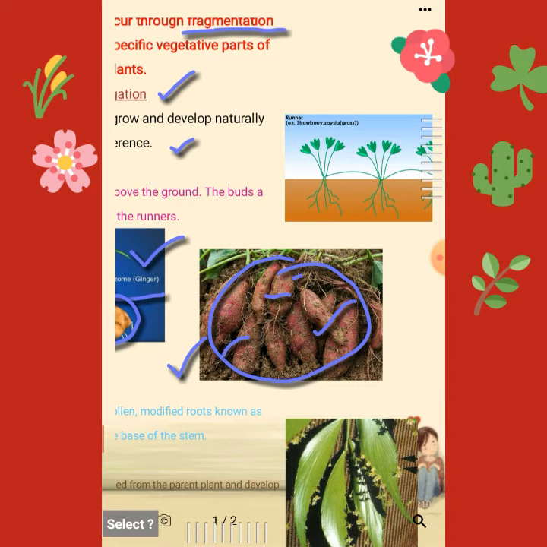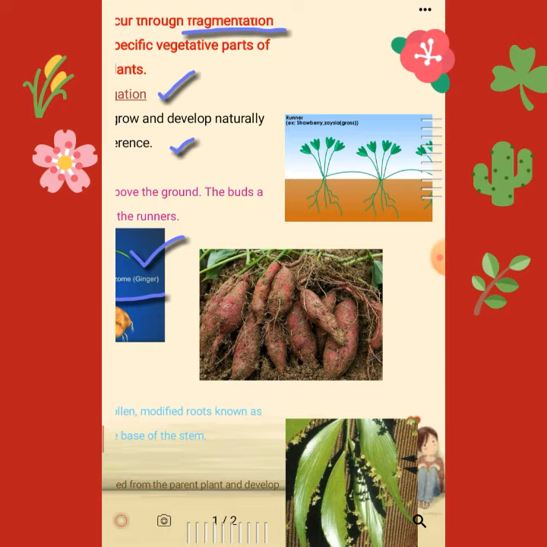A cut piece of this root is sown in favorable conditions. Then as it has the buds, those buds can produce a new sweet potato plant. So this is the cut pieces from the root part of the sweet potato parent plant. Even it can be done artificially. Even if we leave this without involvement of humans, naturally also it can be propagated.